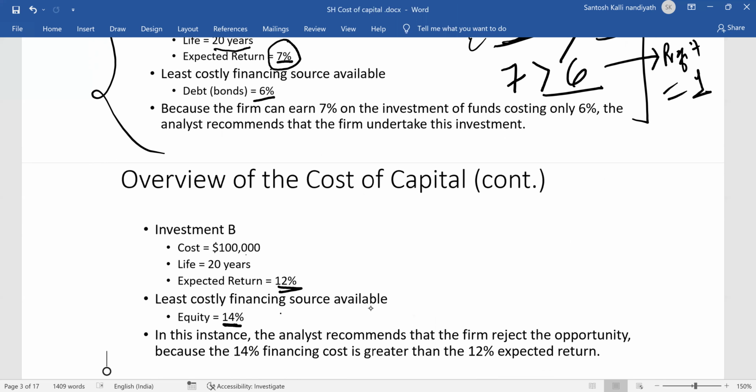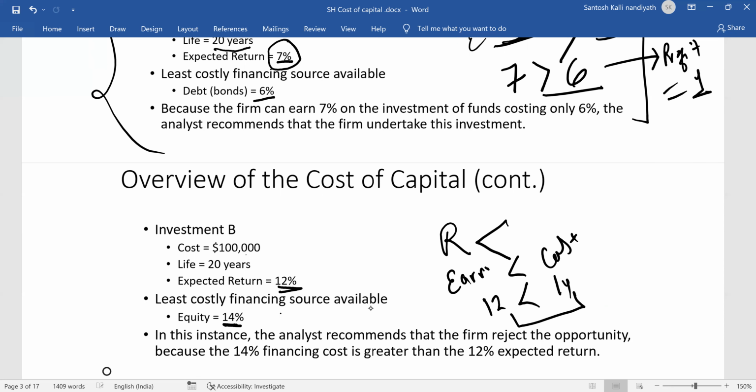What do you think? Will you accept it or not? No, because here the return is less. Expected return means earning is lesser than the cost. Earning is 12 and the cost is 14. You will have a loss of 2, so you will reject it.